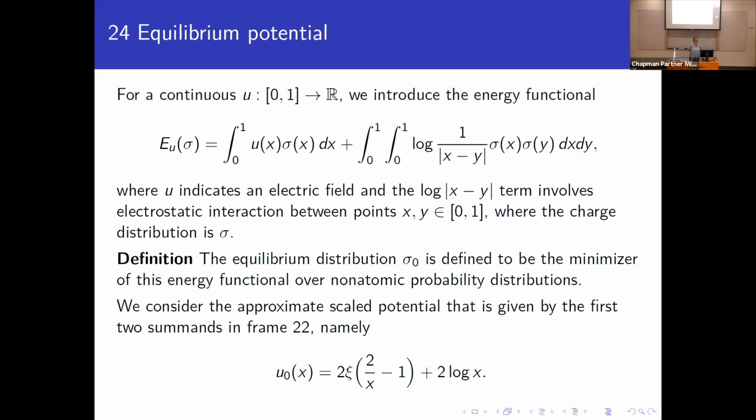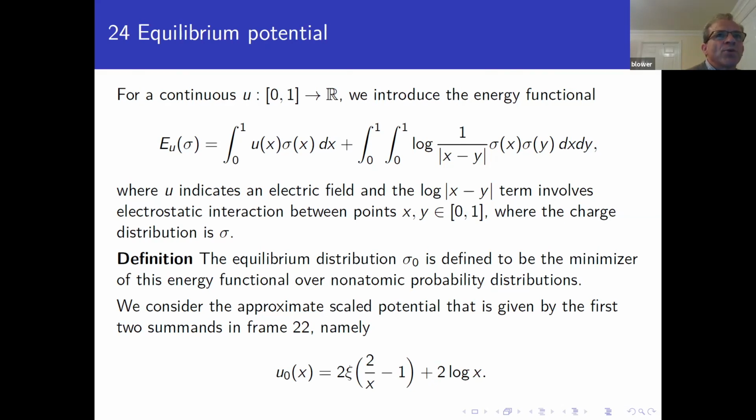So I'm just going to proceed to state the result about this. Once you've got yourself into this situation with a certain kind of scalar potential, there's a standard way of introducing what's called an equilibrium distribution, and it's basically the equilibrium distribution of electrostatics.